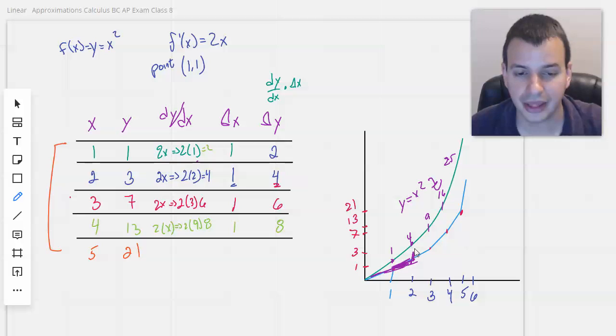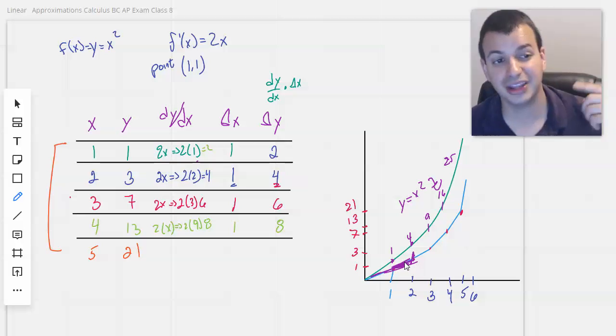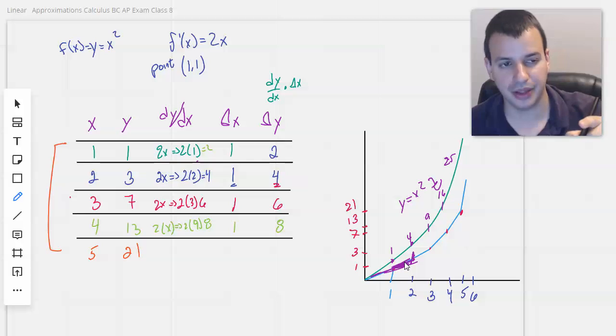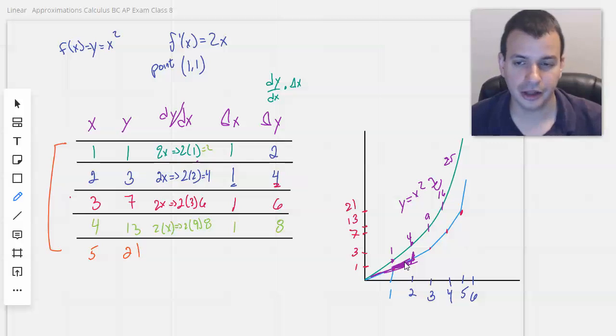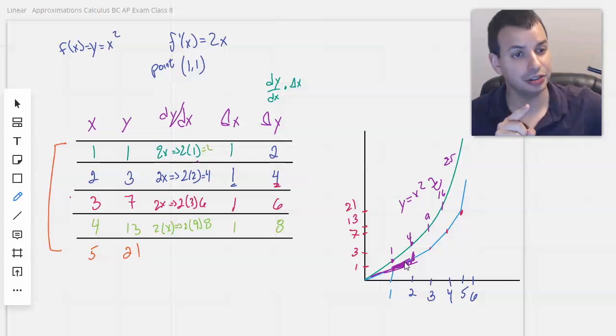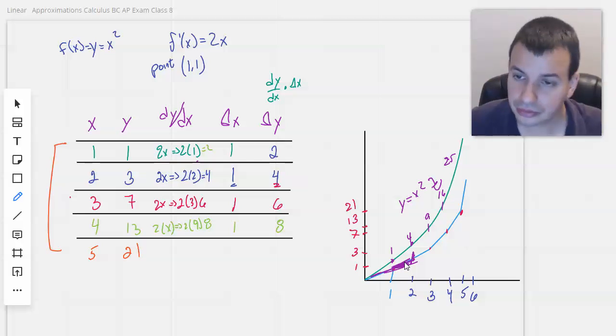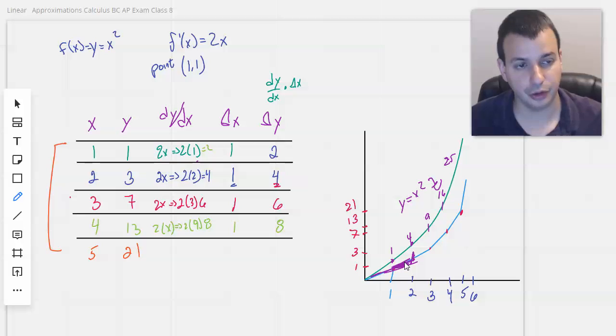We then said, okay, that point that we approximated, we're going to assume that that's the actual point there, and then we're going to use that point as the basis for another one. So it makes sense that if you have lots of little teeny errors along the way, eventually, when you get really far out, you're going to have a massive number of errors, and your approximation will get further and further away.